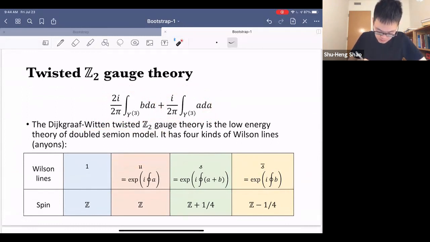You can find that their spins are modified. There used to be 3 bosons and 1 fermion, but now we have some spin 1/4 state. Oh, not state, sorry, spin 1/4 anyon. And this, in the condensed matter literature, is known as the double semion model.